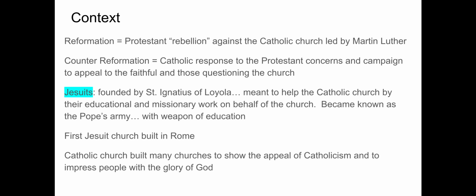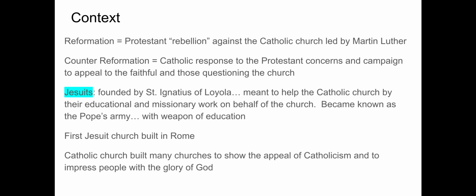And so in the Baroque era, that's really the time of this Counter-Reformation where the Catholic Church uses art, music, the visual arts, architecture, and writing to really speak to the people who are faithful and the people who are questioning the church. And so this piece of art definitely checks all those boxes.